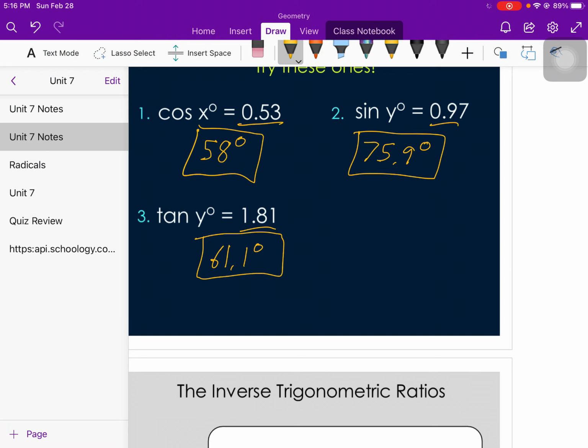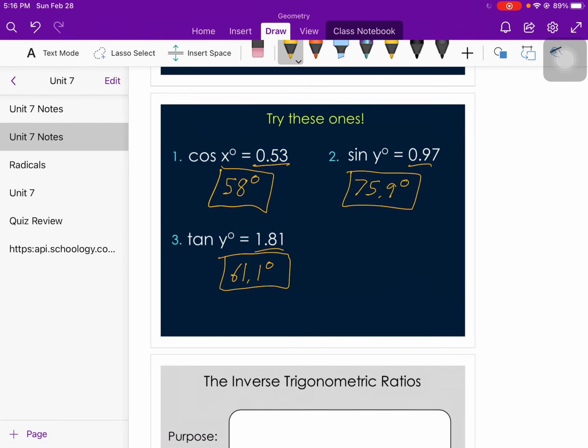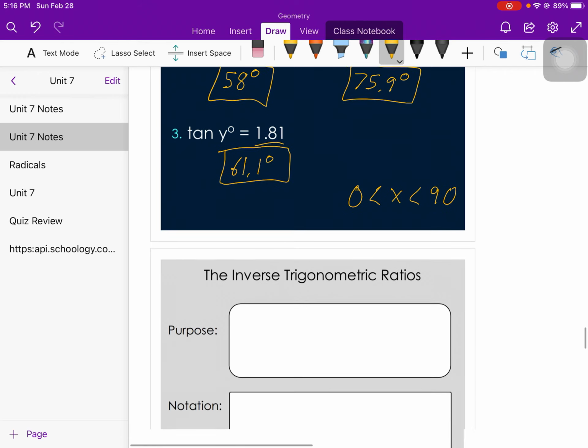Now notice, these are all really reasonable answers for angles, especially on a right triangle, because the range of the angles should go from 0 to 90. We shouldn't have anything smaller than 0, but we shouldn't have anything bigger than 90 because it's a right triangle, so it already has a 90-degree angle inside of it.